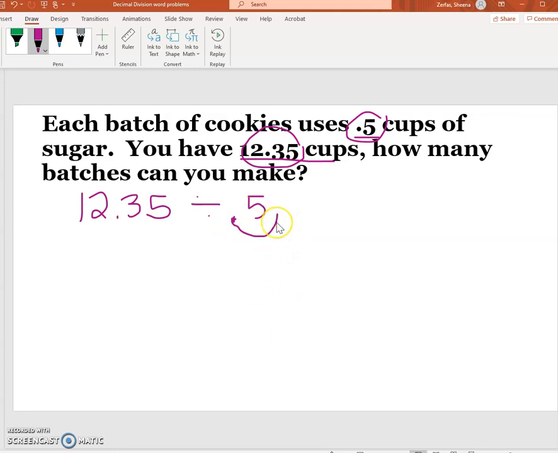If I move it over in my divisor, I'm going to do the same thing here, remembering I'm only moving it the number of times I moved it here. So I still have a decimal, and this problem will end up being 123 5/10 divided by the whole number 5. This one we're going to go ahead, set up, and solve.